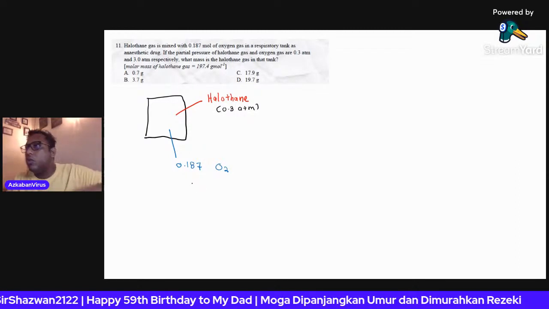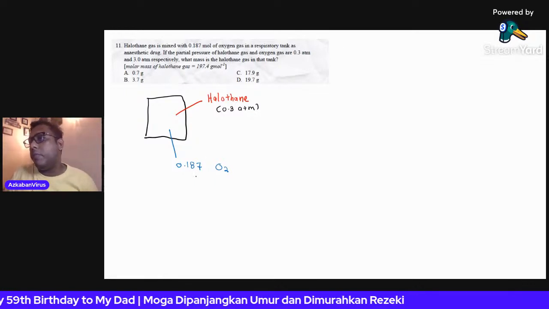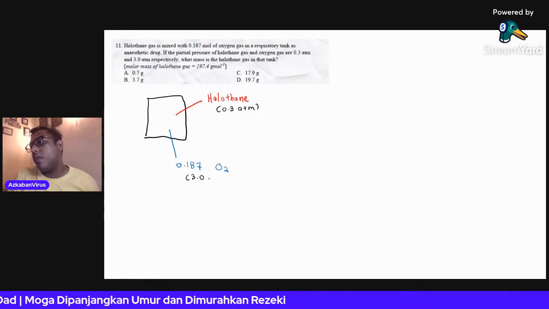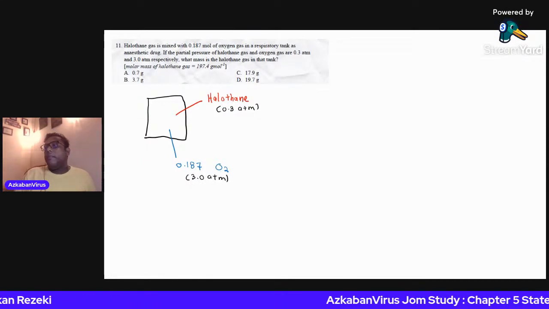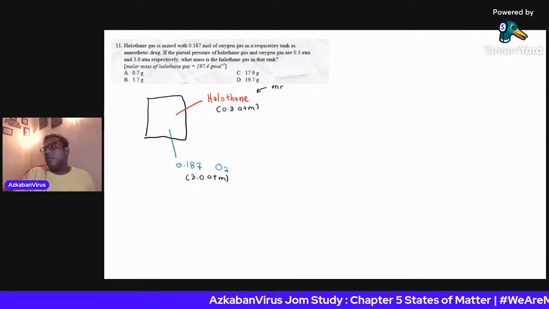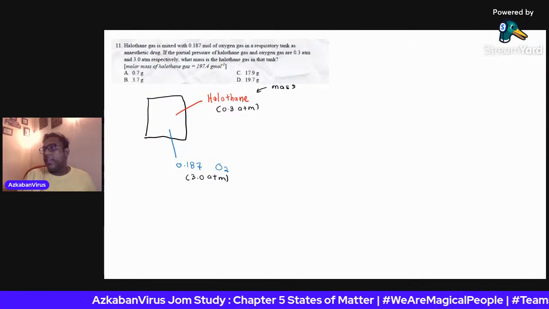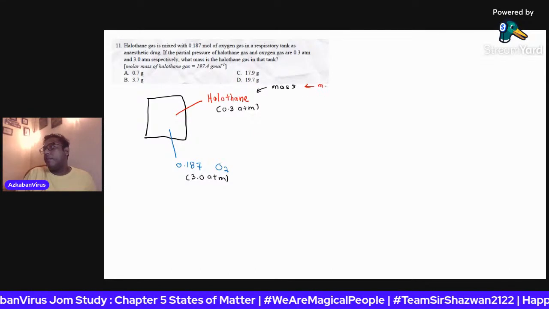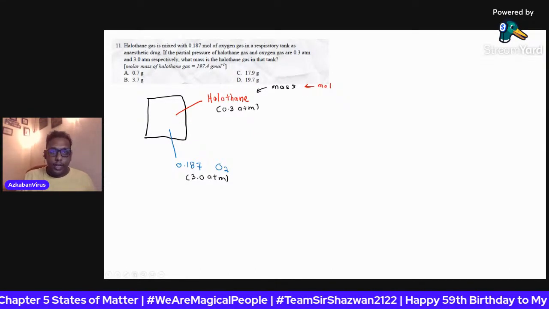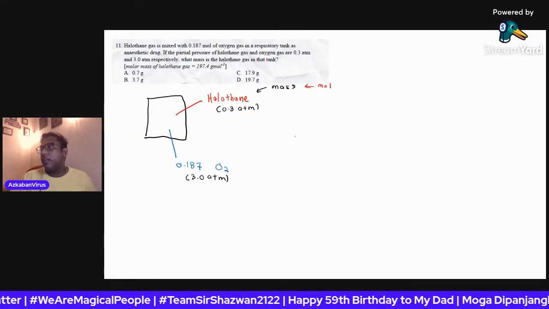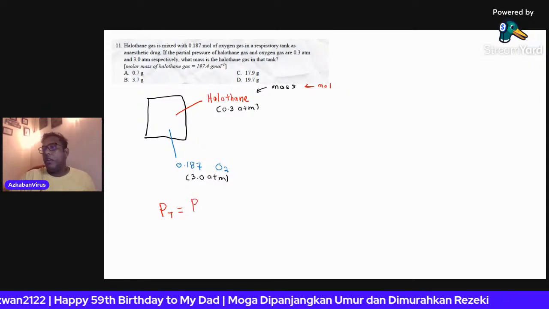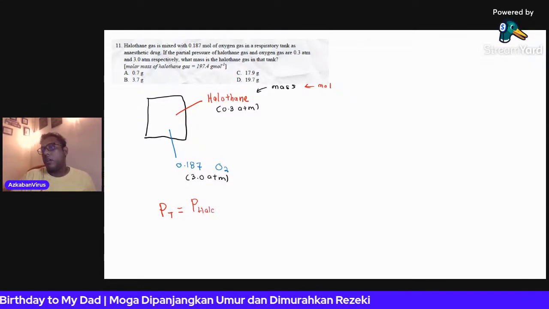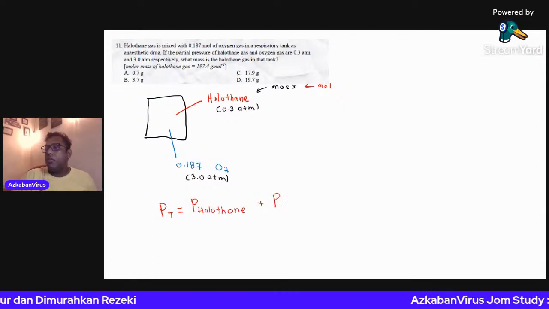Ini dia O2 punya partial pressure is 3.0 atm. Soalan minta cari what is the mass dia berapa. Dalam chemistry susah nak dapat mass terus, kita kena cari dia punya mole. Kita assume based on Dalton, we know that P total is equal to P halothane tambah dengan P O2.